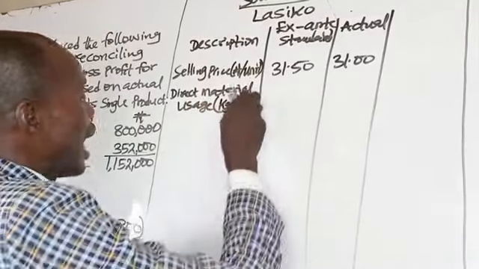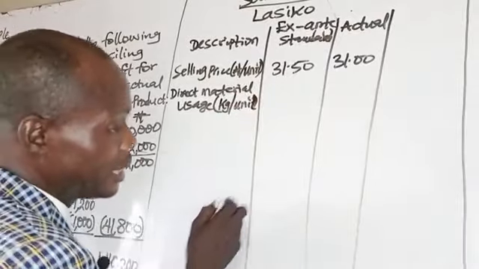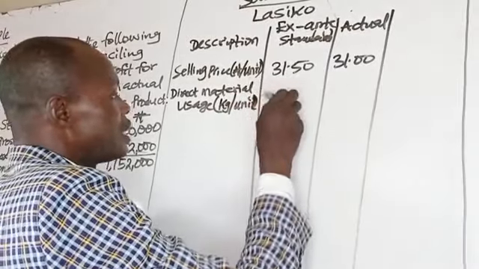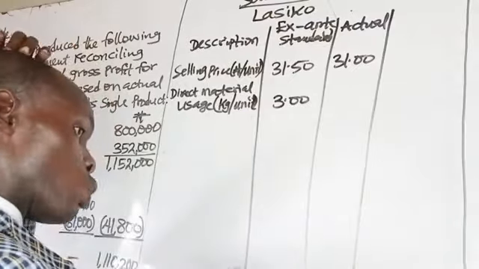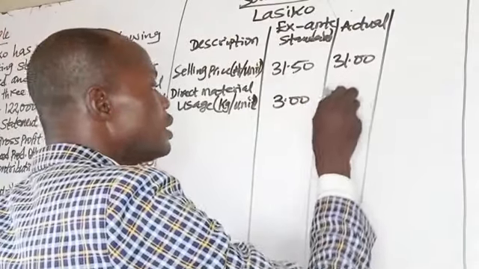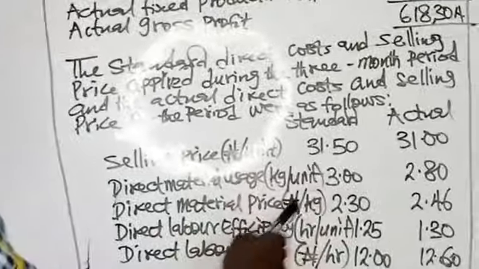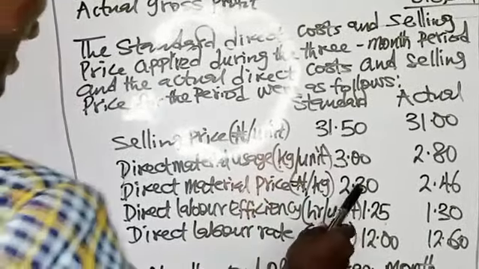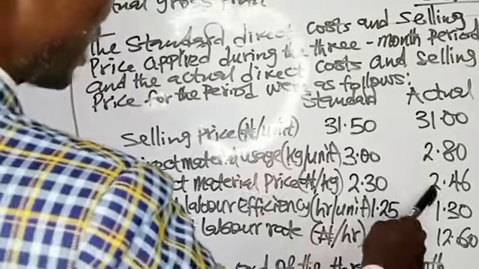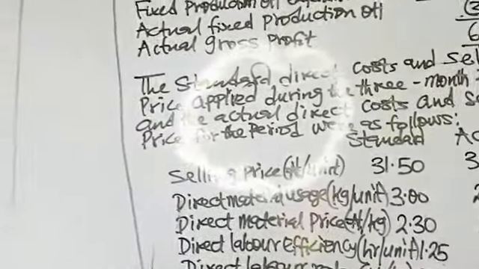The X and T is 3.00, while the actual is 2.80. Back to the question. You have direct material price, which is Naira per kilogram. The S and T is 2.30, while the actual is 2.46.